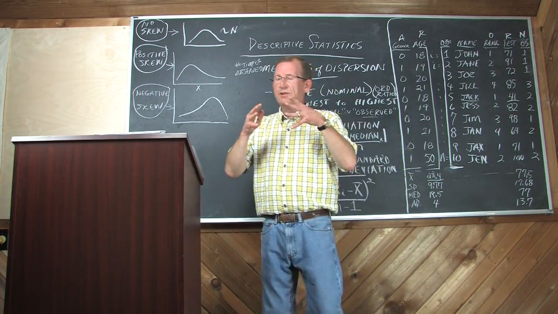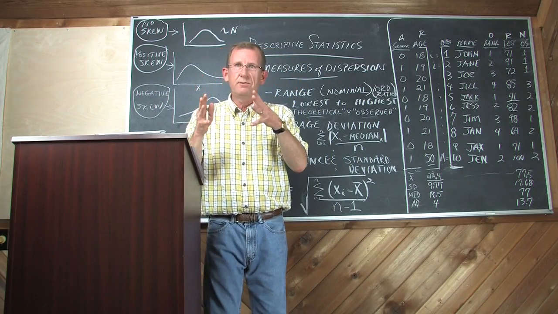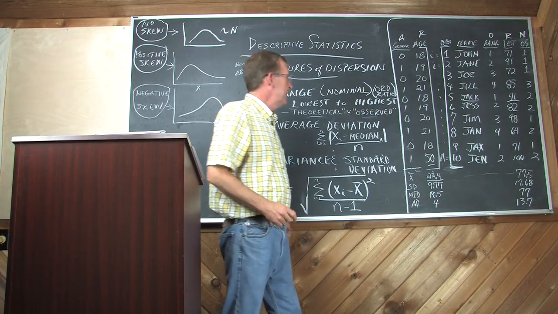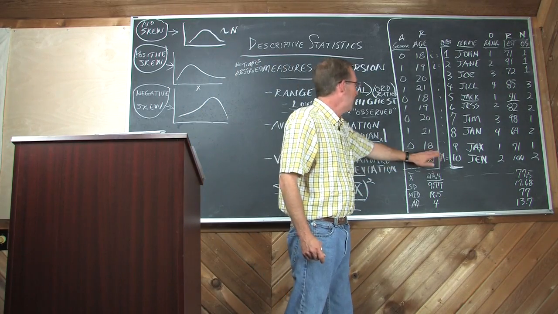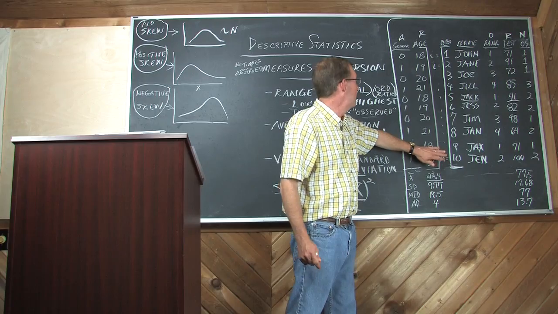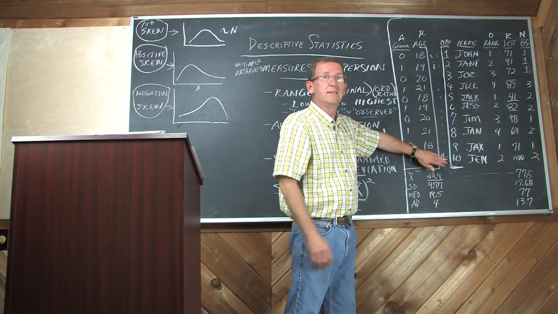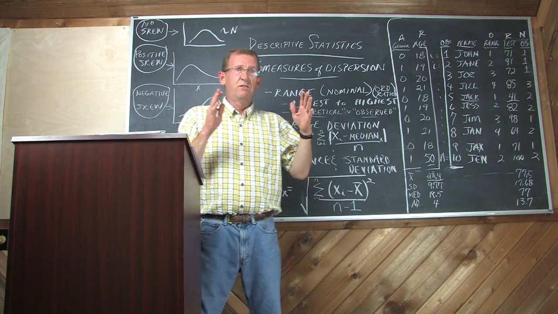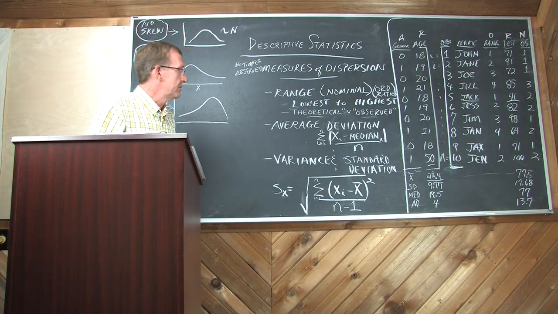So does that describe how these things are typically dispersed around a central tendency? Not very well. The greatest distance between points, all but one of these, is from 18 to 21. That's the greatest difference, let alone the average distance.